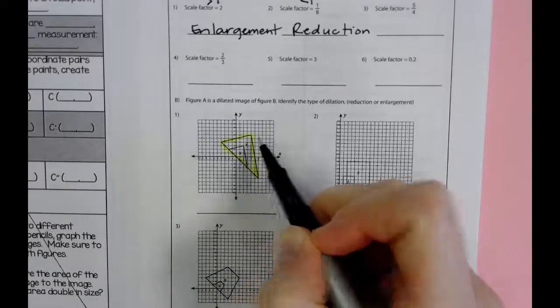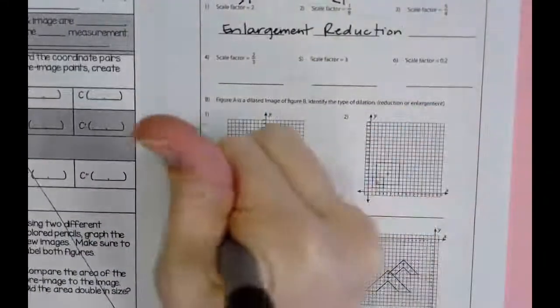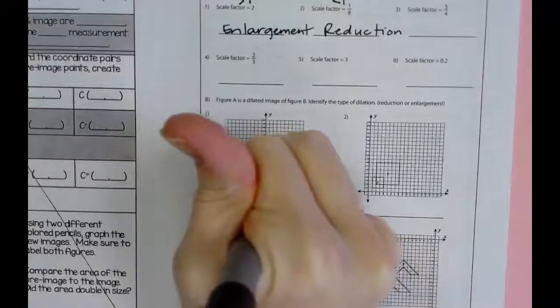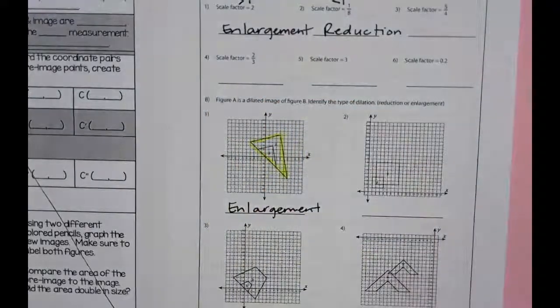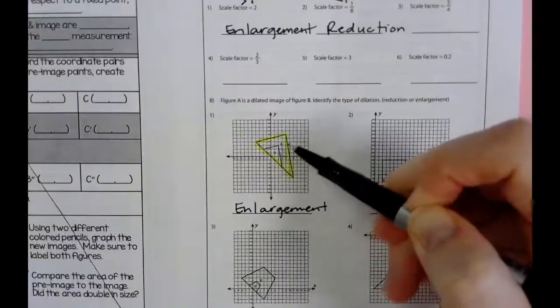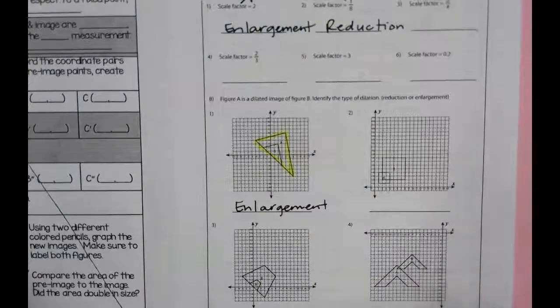It is growing or enlarging, right? So this would be an enlargement because we're going from B to A, all right? You will do that for each one of these.